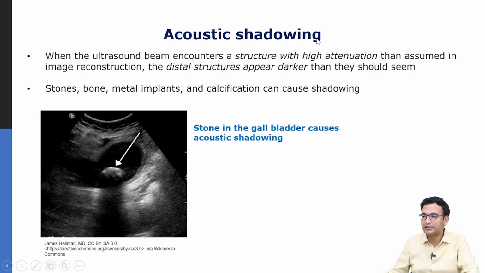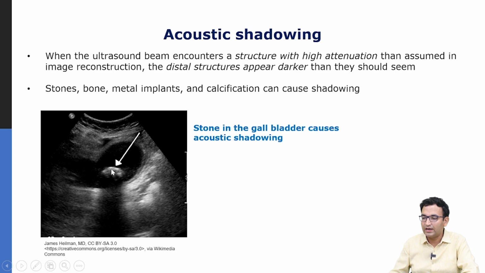Next, let us discuss acoustic shadowing. When the ultrasound beam encounters a structure with high attenuation, rather higher attenuation than assumed in the image reconstruction, the distal structures appear darker than they should seem. So, what is going on here? Here you have an image where there is a stone in the gallbladder. This anechoic structure filled with fluid is the gallbladder and you have a stone that has formed here.